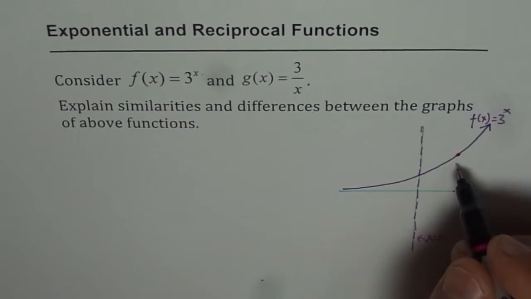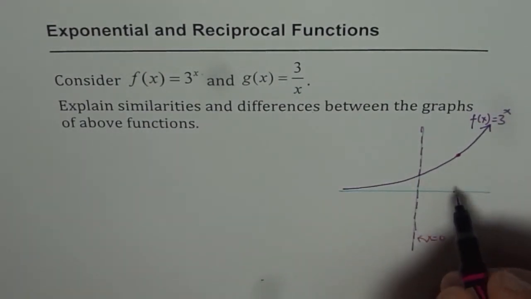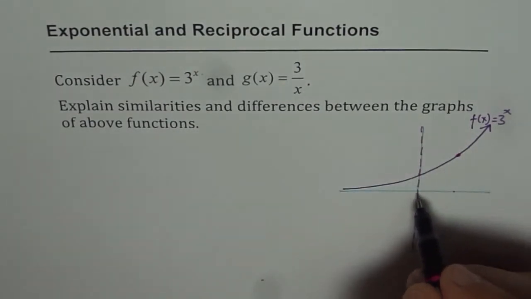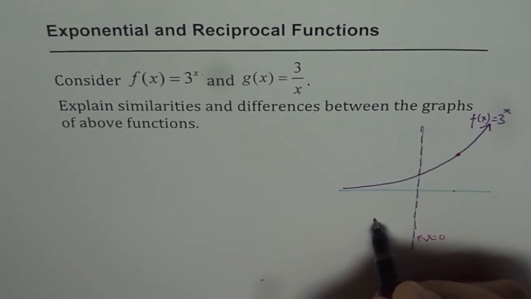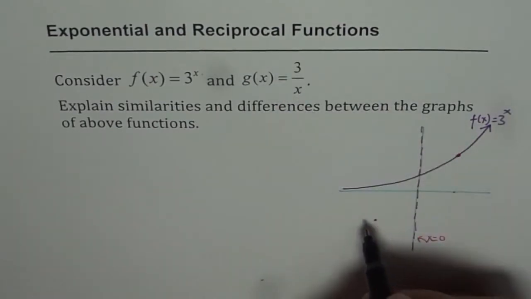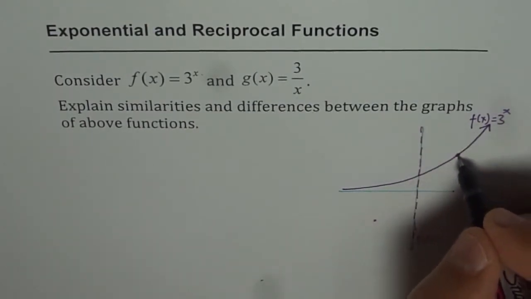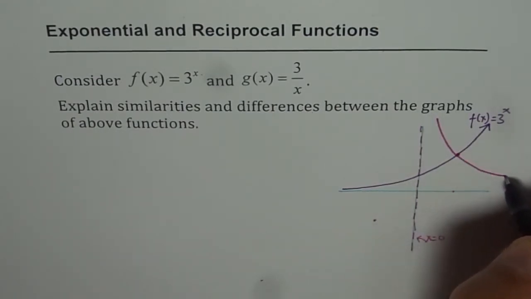Now, if x is minus 1, in that case it will be minus 3, right? So as you can see, the graph of 3 over x should be kind of like this. I mean, I really stretched it a lot on the other side. So let me now draw it kind of like this.